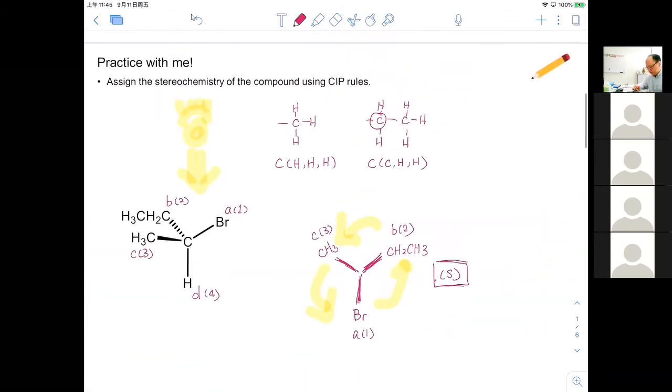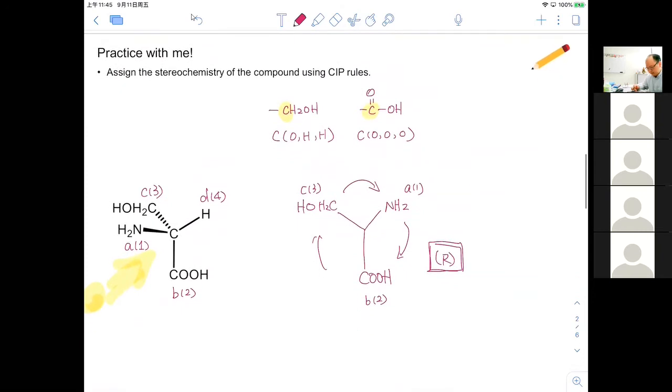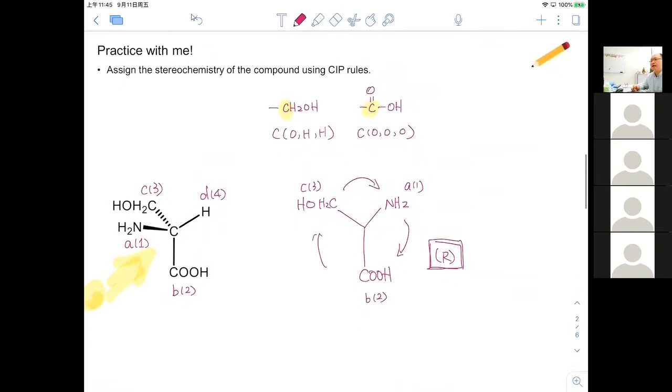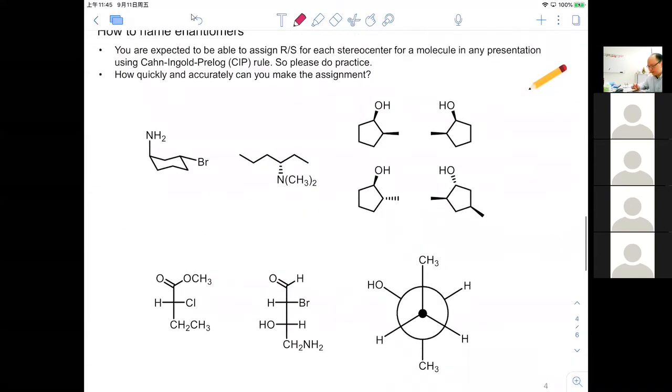Let me be honest with you. On the midterm or the final exam, if you are asked to assign the configuration of these chiral centers, these two will be the easiest level. What you will most likely encounter during the exam is different forms of presentation of the molecule.